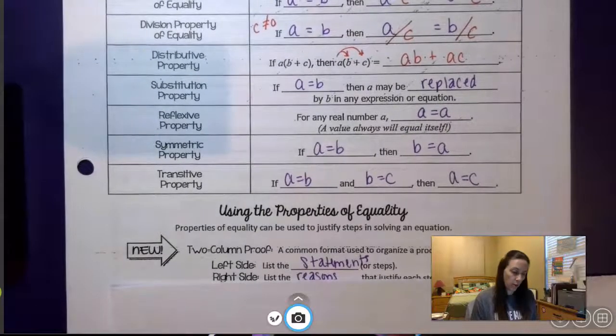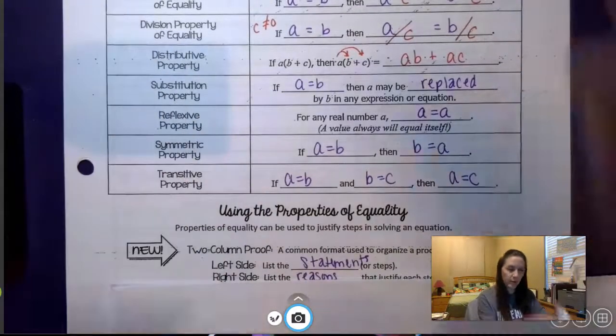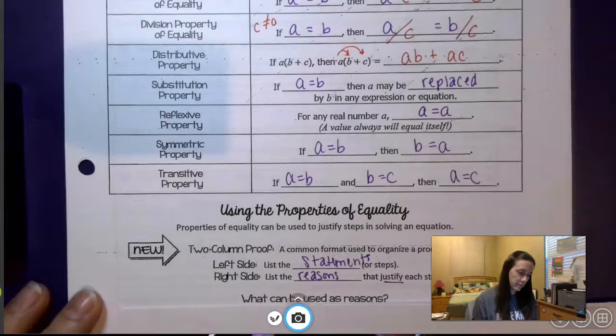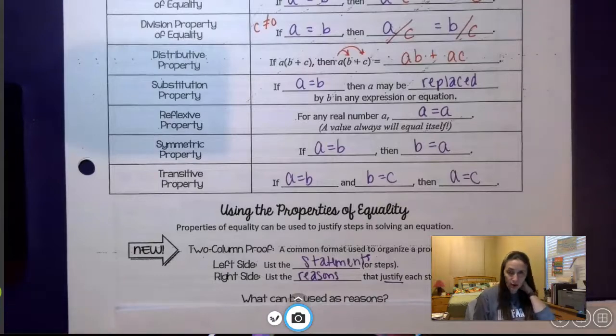So we're going to use these properties of equality to fill in a proof. Our proof is a 2-column proof where the left side are your statements and the right side is your reasons. Your reasons justify your steps. Because we're using algebraic properties today, this is really nice because you already know how to solve these equations.